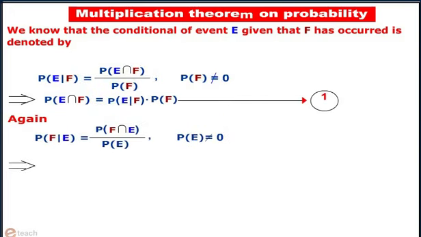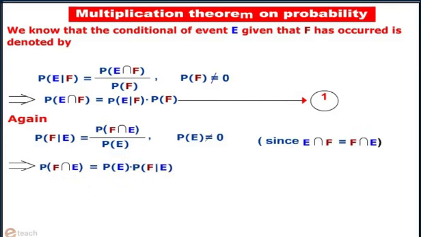Again, probability of F given E is equal to probability of F intersection E divided by probability of E, given that probability of E is not equal to 0. So here again we get probability of F intersection E equals probability of E times probability of F given that E has occurred. This is equation number 2.